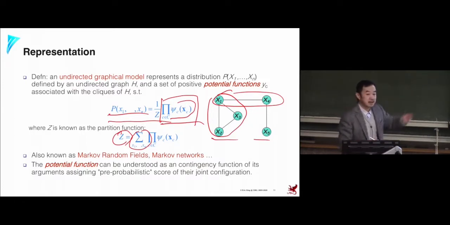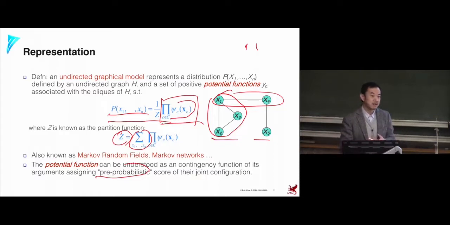Then these are the placeholders to extract numbers out of the data so that they reflect the bias in the data. But they are pre-probabilistic. We could make it probabilistic, but it's very difficult. Sometimes you just say, I want this configuration to score 10 and another configuration to score 0 or 1.